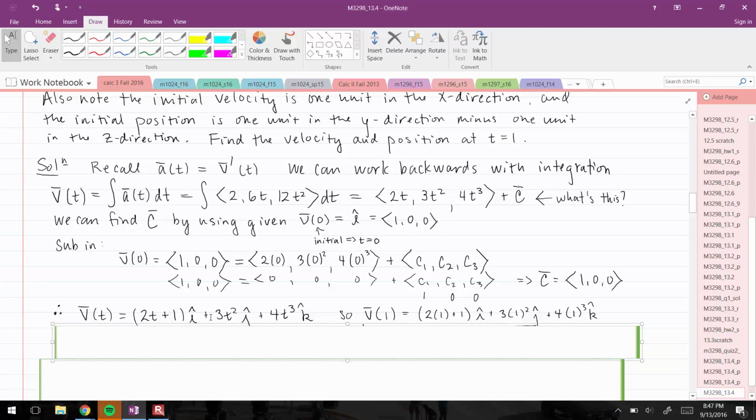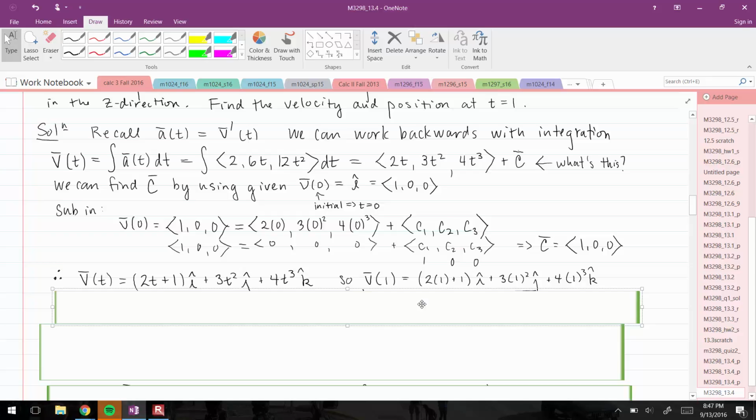If we write that in terms of ijk with the components, then what we'll have is 2t plus 1. The plus 1 here came from the 1, 0, 0 constant c, and the rest of them had c2, c3 respectively that were 0, so those ended up being the same.